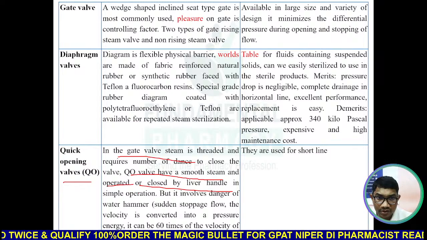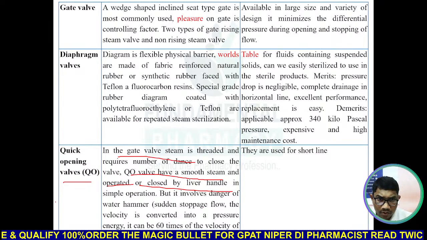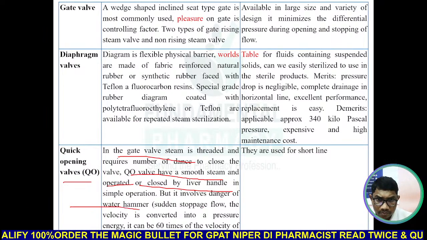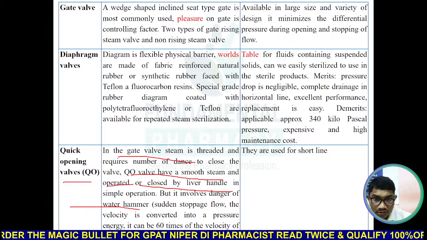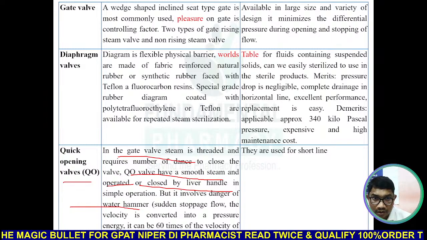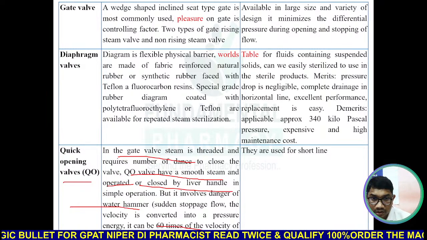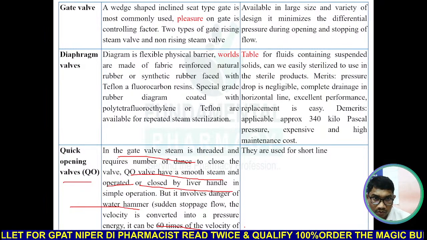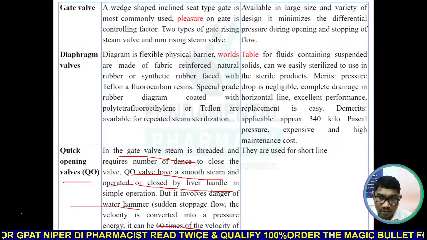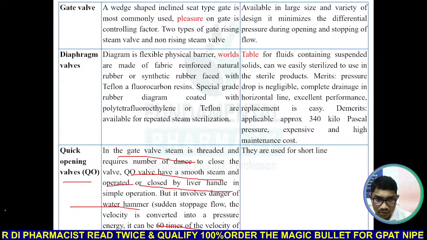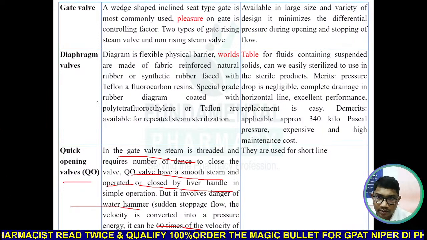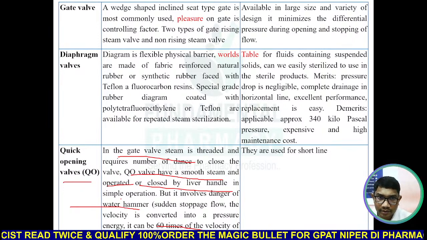Simple in operation but involves danger of water hammer. कभी कभी क्या होता है, sudden stoppage of flow, velocity is converted into pressure energy and it can be 6 times of the velocity. मतलब अचानक आपको अगर क्विक ओपनिंग वाल्व में अगर प्रेशर ज़्यादा बढ़ गया तो वो आपको लग भी सकता है. They are used for short line.